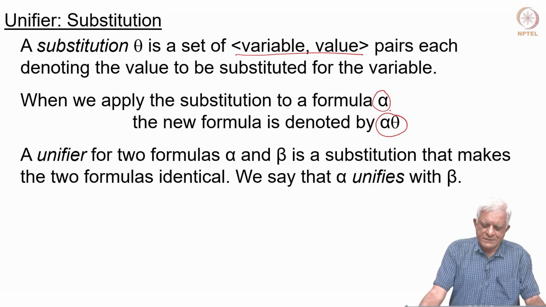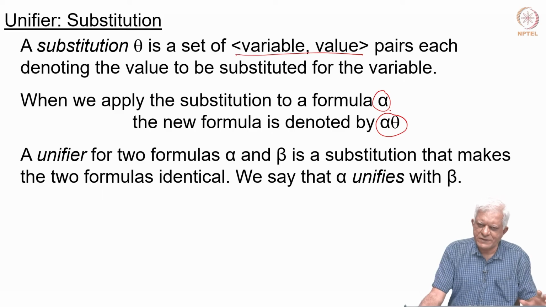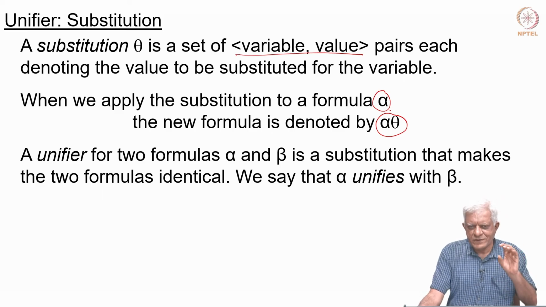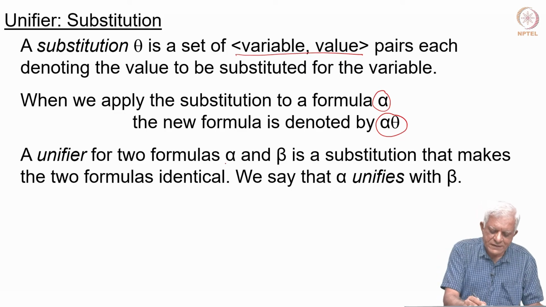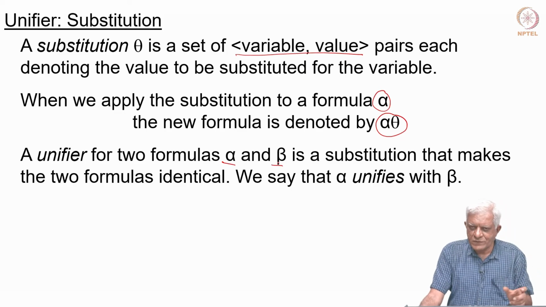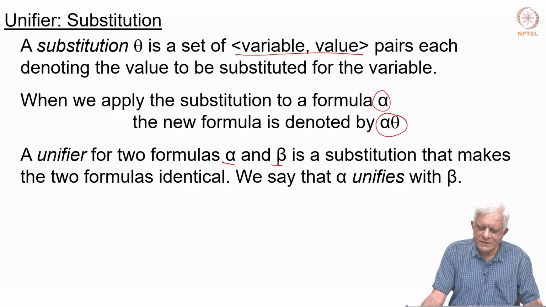A unifier for two formulas, a substitution is simply saying that for variables I am going to substitute with something else. A unifier is comparing two formulas, and these formulas let them be alpha and beta, and a unifier for the two formulas alpha and beta is a substitution that makes the two formulas identical.